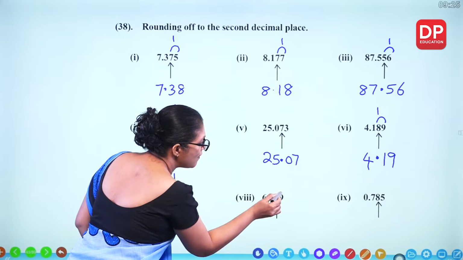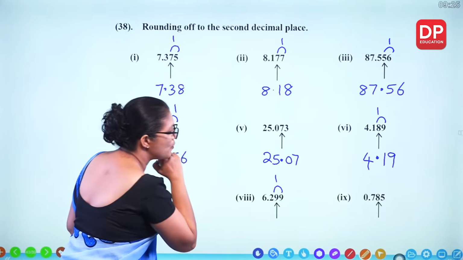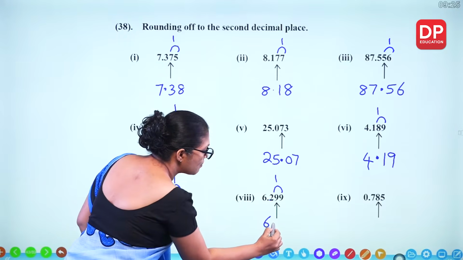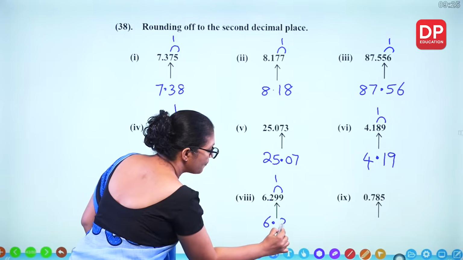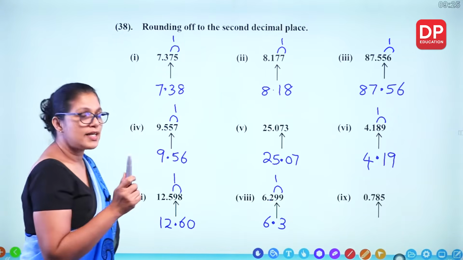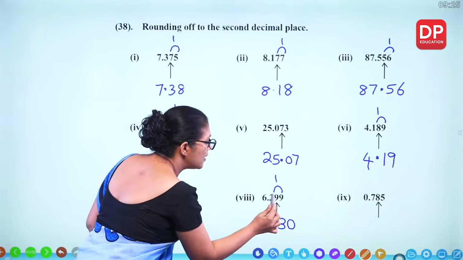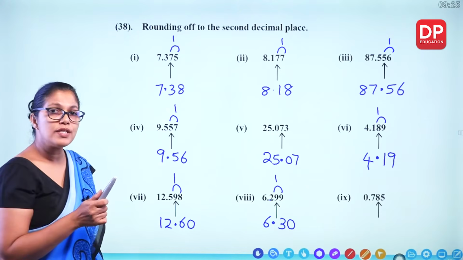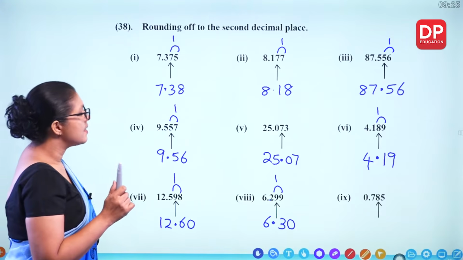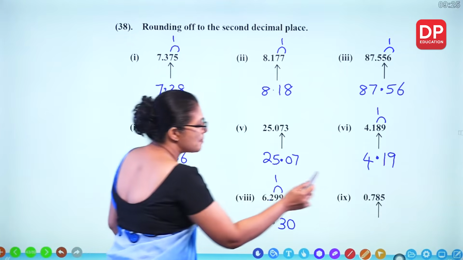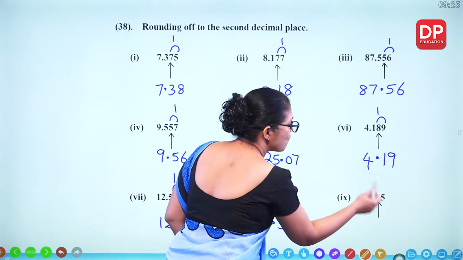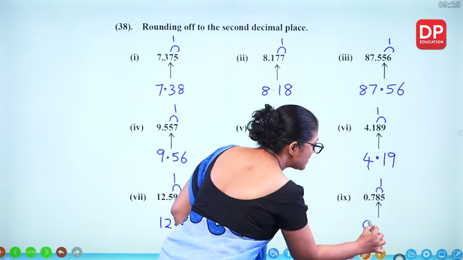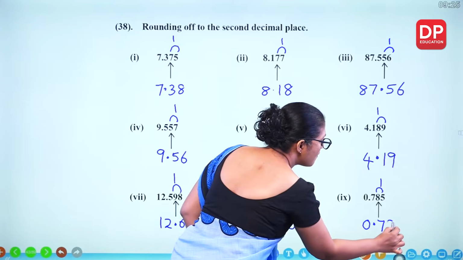So more than 5, the next digit. So you have to add 1. So when you are adding 1, this becomes 3. So 6.3. You have to put a 0 for the second decimal place because we are rounding to the nearest second decimal place. This one, 8 is there, 5. 5 or more than 5, you are adding 1. So what's the answer? 0.79.